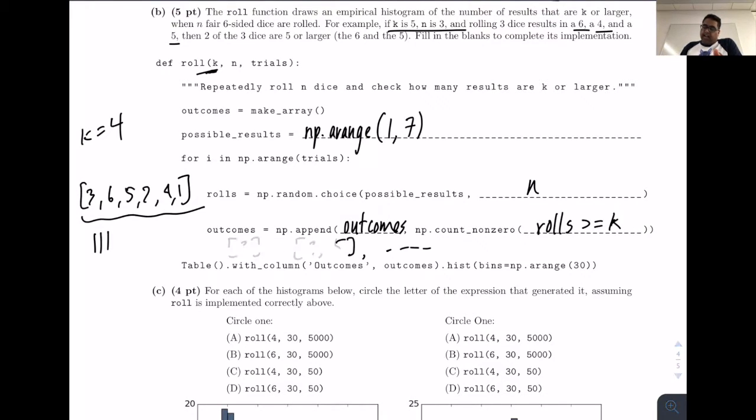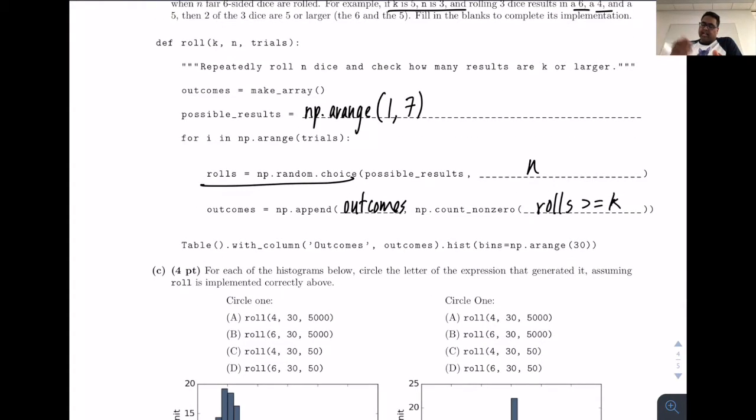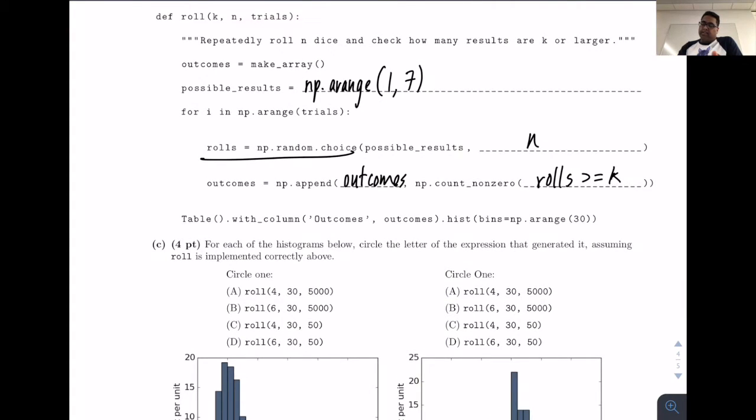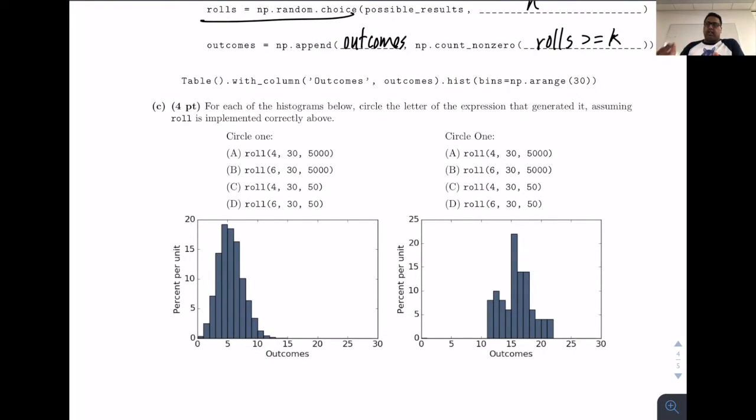By the end, outcomes will be a list that is as long as trials, and it will have the number of times that each of those trials had rolls that exceeded or equaled k. So hopefully it's clear what exactly this code block is doing. And at the end, we'll create a table of our outcomes, which has the number of times we were greater than or equal to k after rolling the die n times, and then it will create a histogram for us.